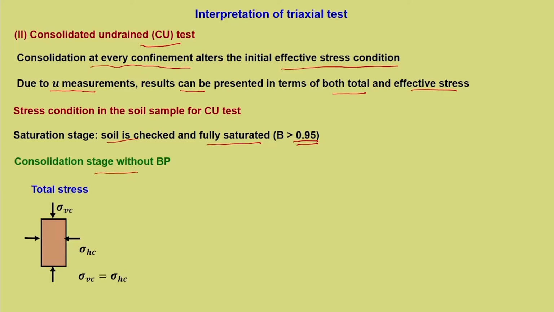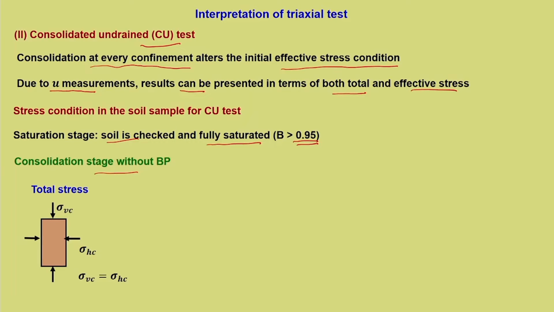Okay, so, this is the confinement application. This particular sample is denoted in general by sigma VC, that is the vertical stress for confinement. C denotes confinement, and sigma HC is the horizontal stress for confinement. Now, there can be isotropic or anisotropic consolidation.